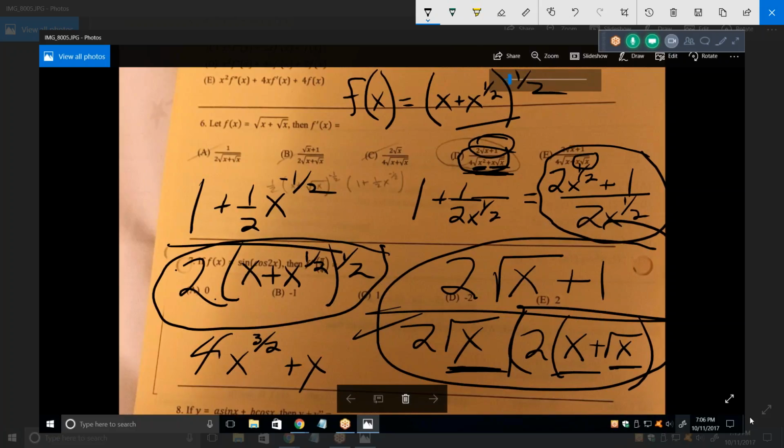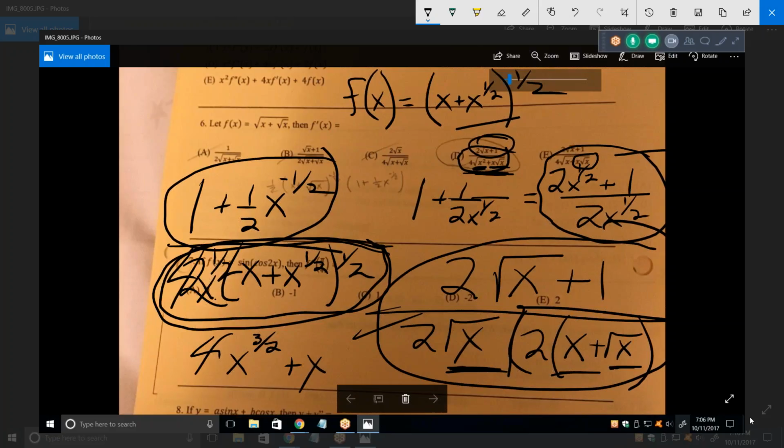I don't know. I'm confusing myself. I got so much written on here that I've lost track of where I'm at. Somehow we have to get from what I have circled over here. That was my original denominator. Once I found a common denominator in the numerator, then that became my numerator, which put the 2x to the 1/2 in the denominator. So I got a 4x to the 1/2 right there.